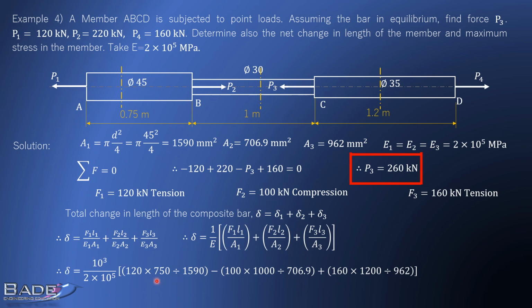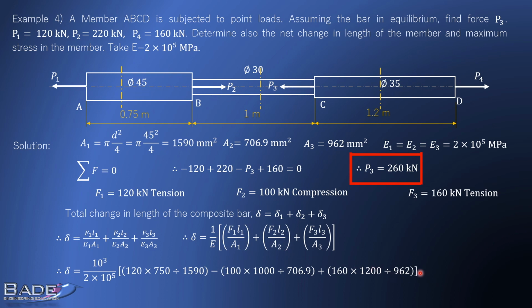Now length 750 millimeters. 1 meter is 1000 millimeters. And 1.2 meter is 1200 millimeters. So I have written length in millimeters properly, divided by areas in millimeters squared. So 1590, that is A1. 706.9, that is A2.